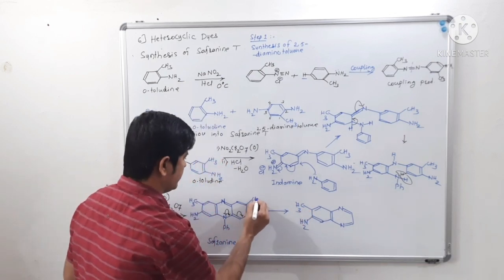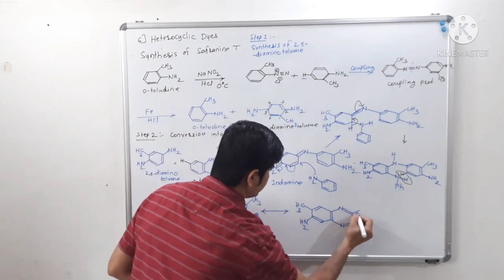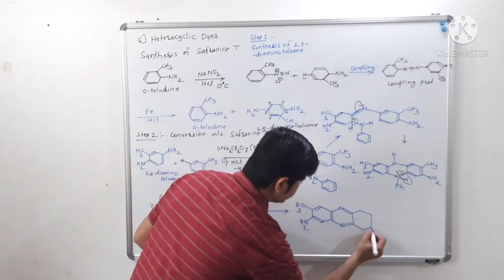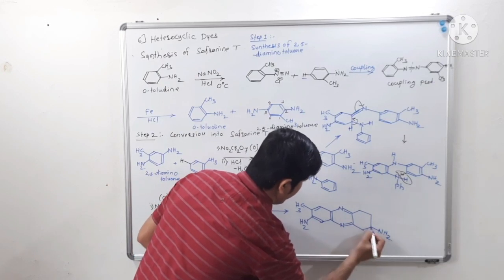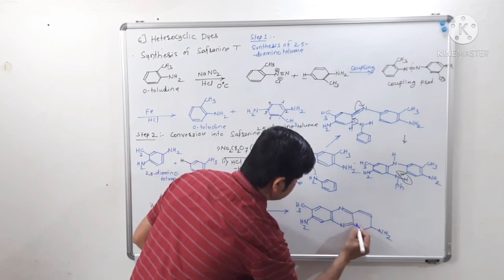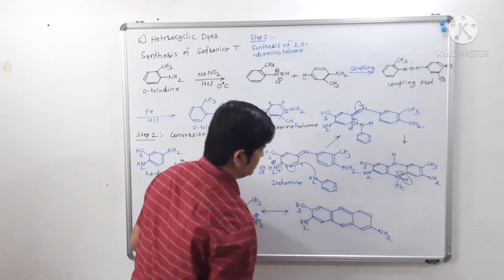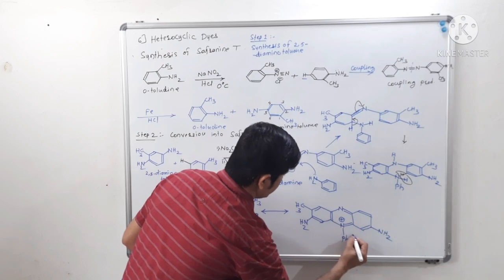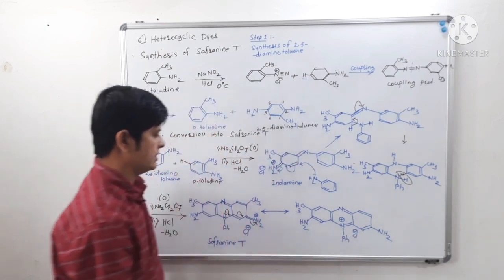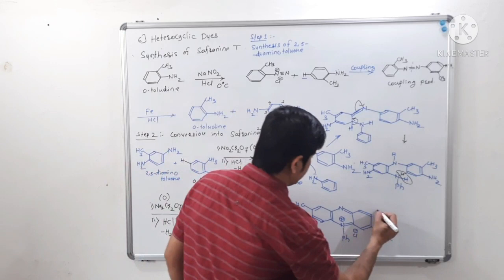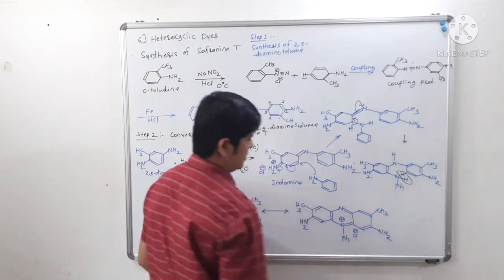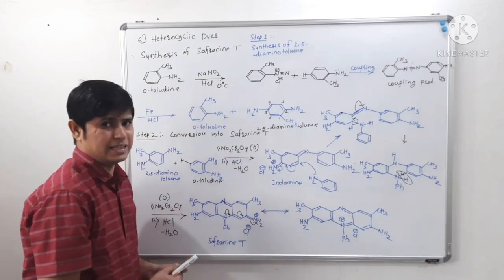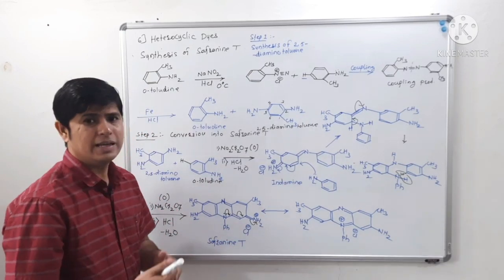See here, I forgot to write methyl. So methyl is here. NPH Cl minus. So this is another resonating structure of safranine T. You may write this or you may write this. Both are safranine T.